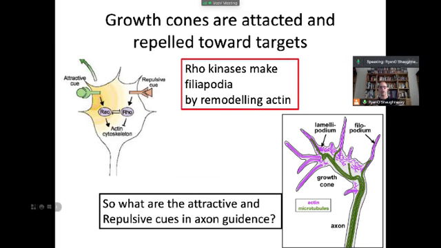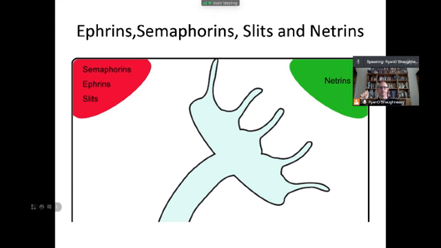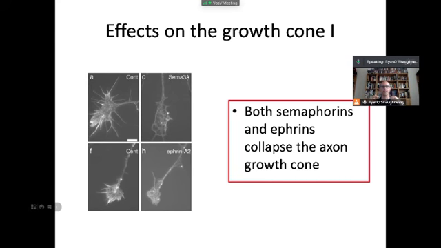So what are the attractive and repulsive cues that are required for this axon guidance process to occur? And they come in two families. We have the ephrins, semaphorins and slits, which are repulsive cues, and we have netrins, which are attractive cues. And what are the effects of these on the growth cone?